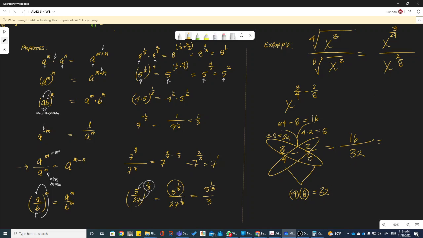Okay, now you can reduce this to 1 over 2, okay, because 2 times 16, it's 32. All right, so this is equals to x to the 1 over 2. Okay, so that's the example.